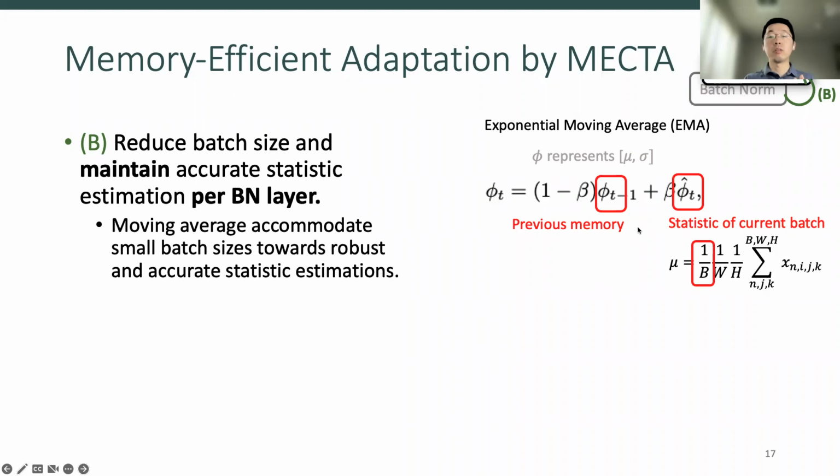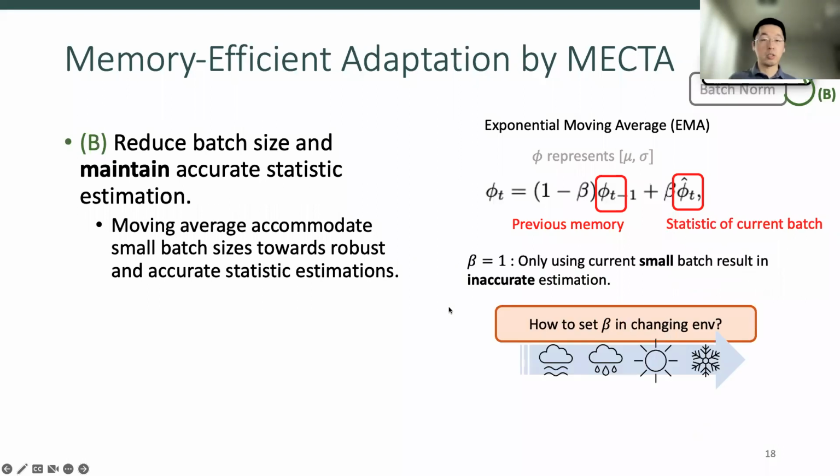So here we reuse this memory in order to get a more stable and more accurate estimation of the mean and the variance when the current batch is small. This is the key idea for reducing the batch size while maintaining accurate statistics.